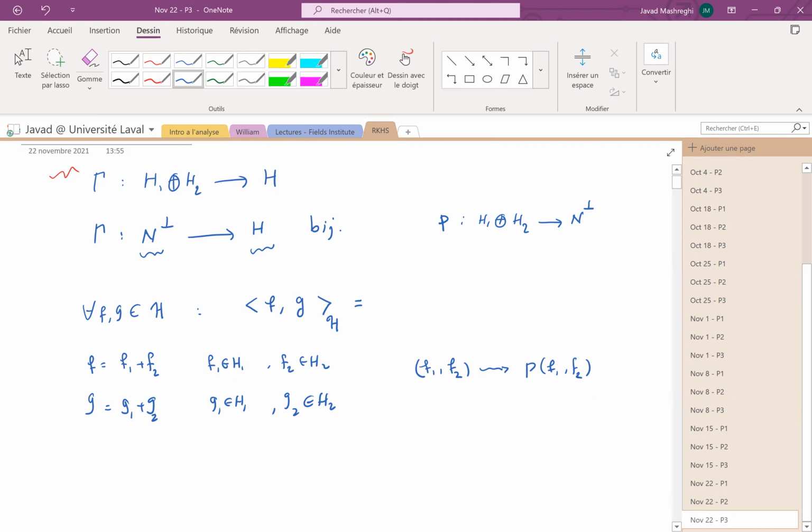The same for G1 and G2: it is a pair in H1 plus H2, but we project it and obtain the projection of G1 and G2. The definition is the projection of any representation F1 and F2 for F, and the projection of any pair representing G, and this happens in H1 plus H2.